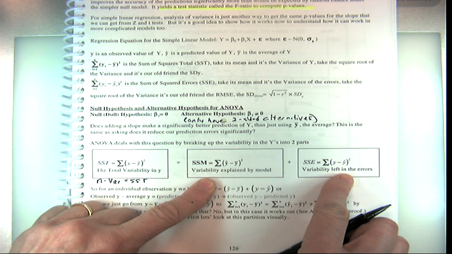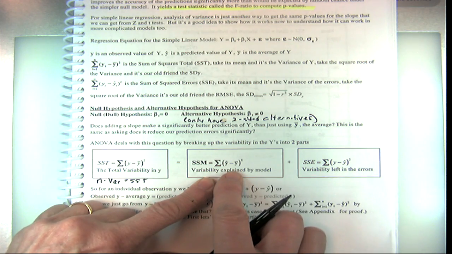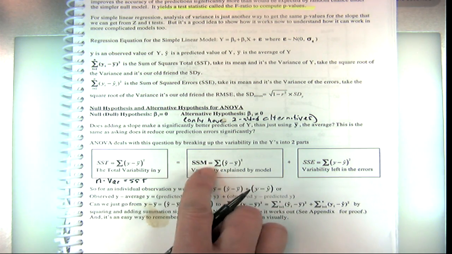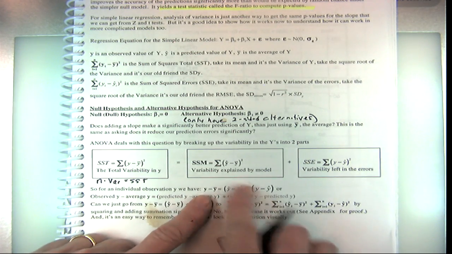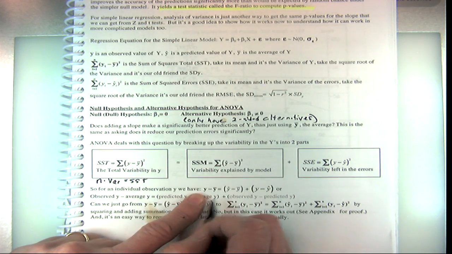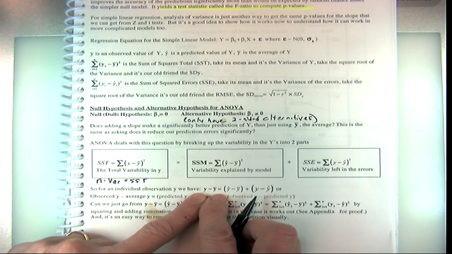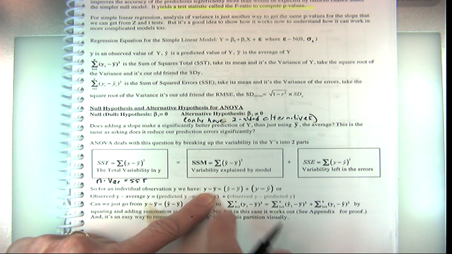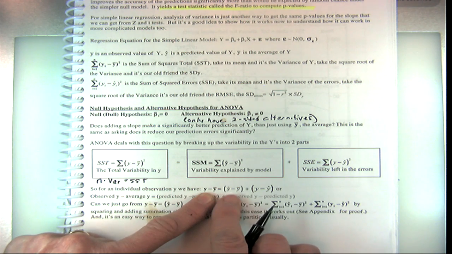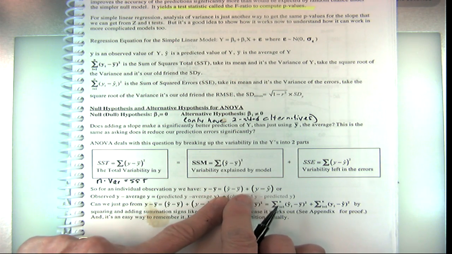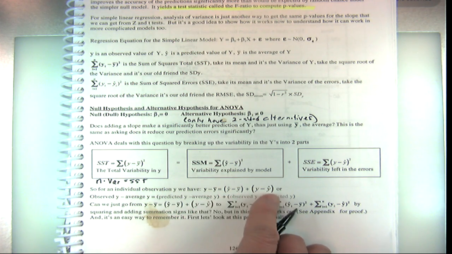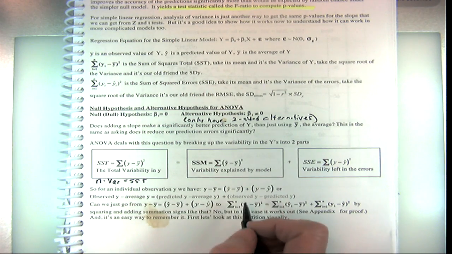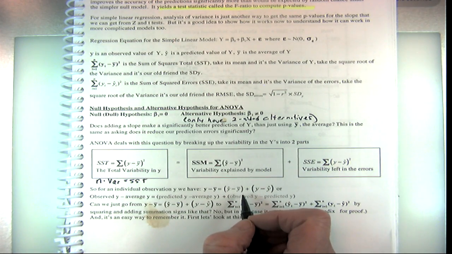What do I mean by that? Well, for an individual observation, this means that the distance that the y is from the average can be broken up into two parts. It can be broken up into the predicted minus the average plus the observed minus the predicted. You can see this is just by algebra.